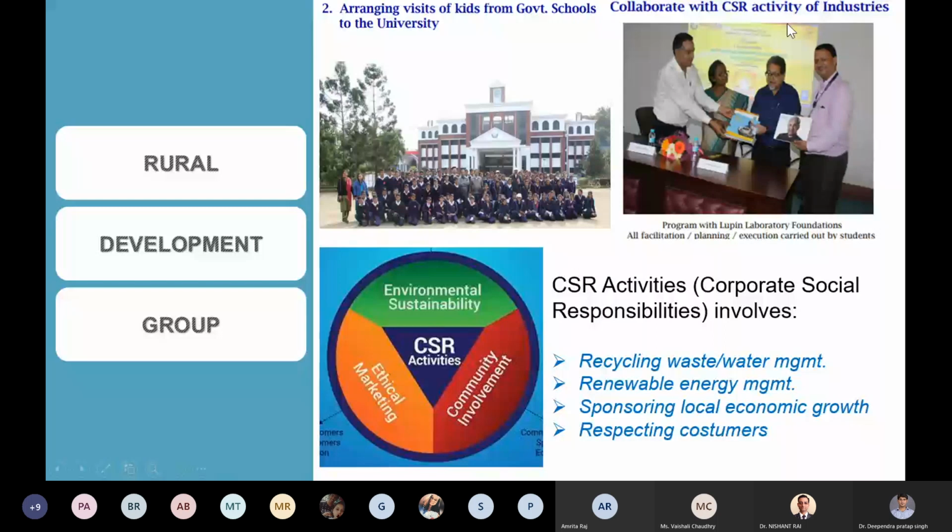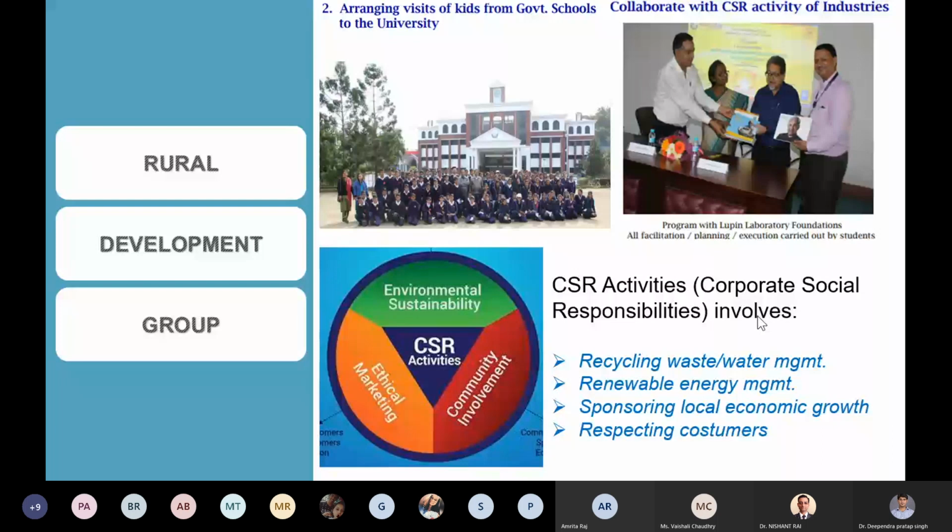CSR activities are welfare activities conducted by the corporate groups, right? CSR means corporate social responsibility. So this group collaborates with the industries. These industries have a minimum fund to spend on these social responsibilities.